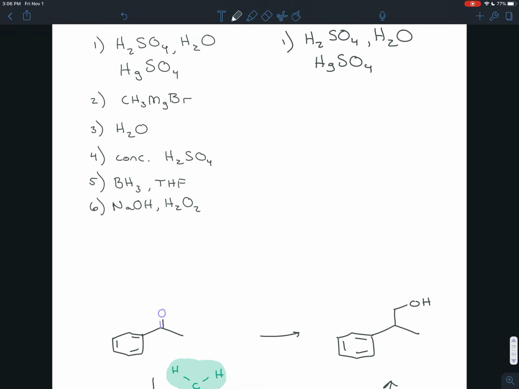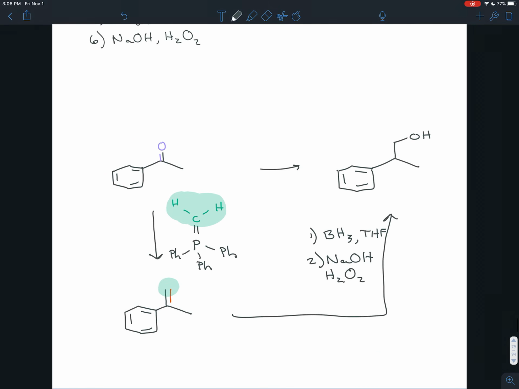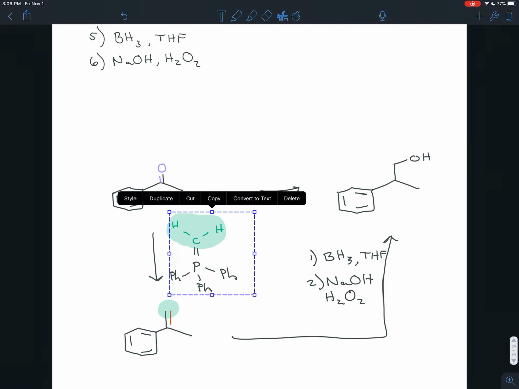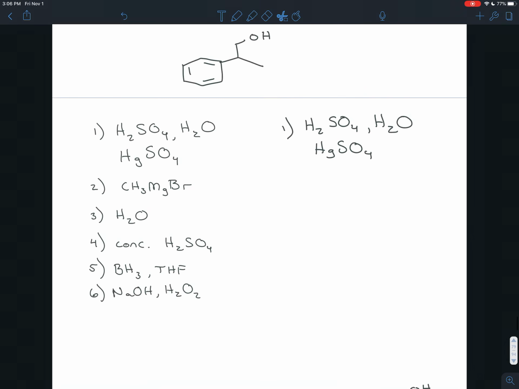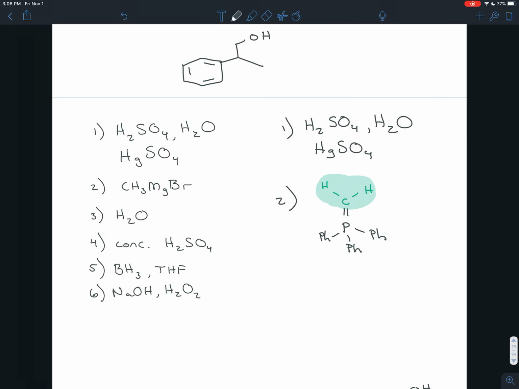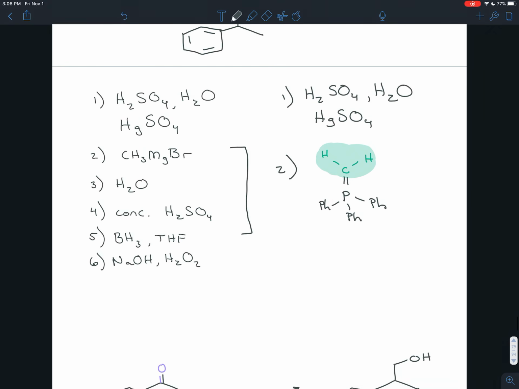But if instead of doing a Grignard reagent, we see the possibility of a Wittig reagent, well then, we just have to do this one step, and that replaces these 3 steps.